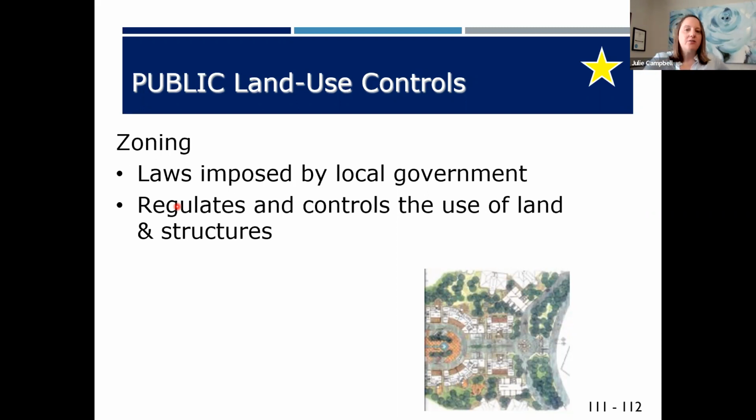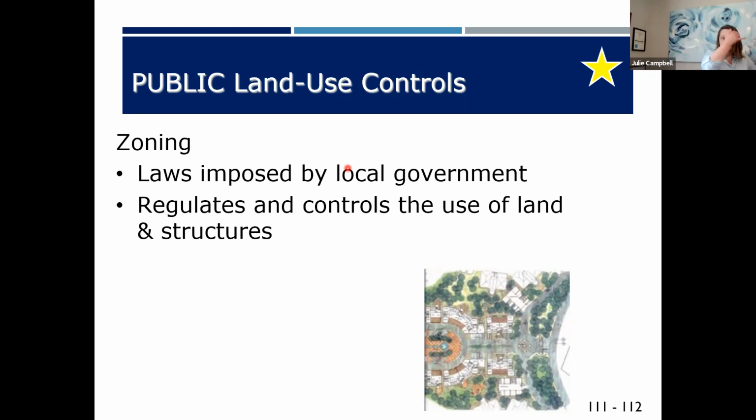Again, you guys, zoning is local. Each city sets their own zoning, or town or municipality. You don't have a zoning across the entire state. It's all local. So it regulates how we can use structures.